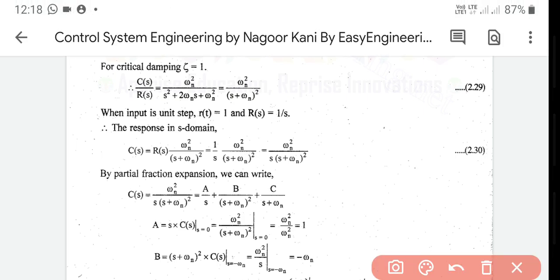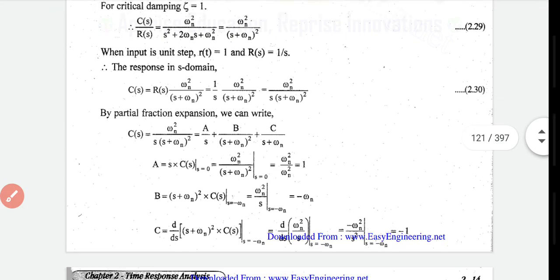This can be written in the form of residues as A by s plus B by (s plus omega n) whole square plus C by (s plus omega n). It is the second case of partial fractions, that is multiple poles, the repeated pole (s plus omega n) whole square. So you get three residues here. Now you have to calculate A, B and C values.